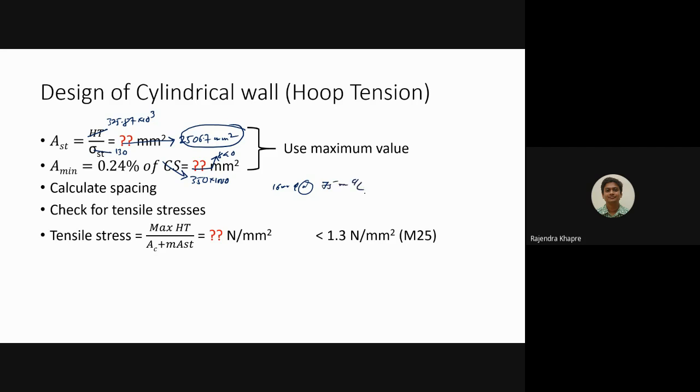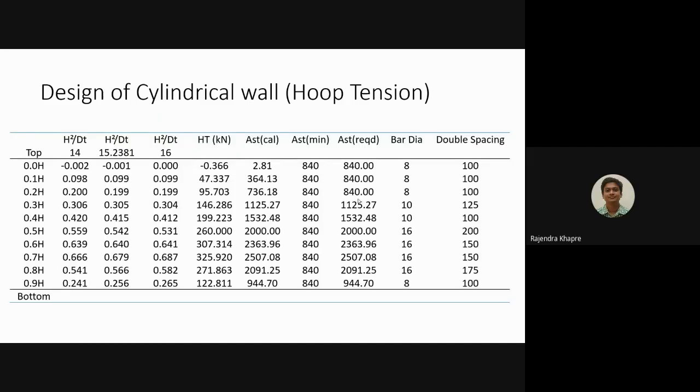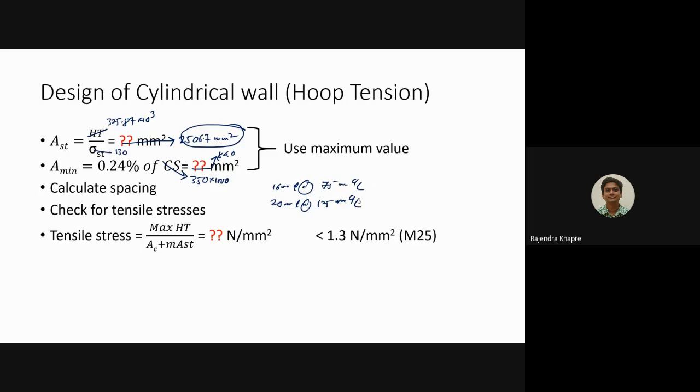Or otherwise you can provide 20 dia bars and then the spacing can be even increased. For 20 it is 125. Okay, what did we give at the end? We gave 16. Okay, we'll go with 16. It will be better. Why, I'll tell you after some time.